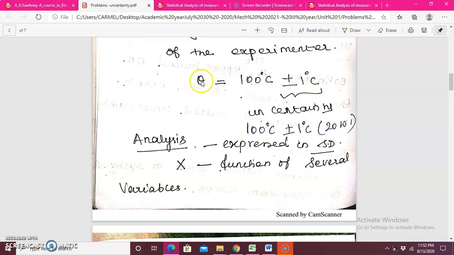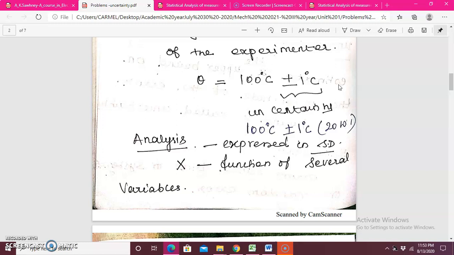How can we say theta is either 101, which means 100 plus 1, or 99? So your value lies between 99 and 101. Between these values it could be 99.1 or 99.9 or 99.0 or 99.3. So many possible values will come.